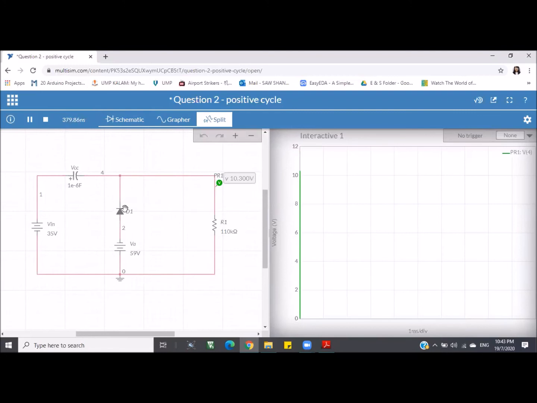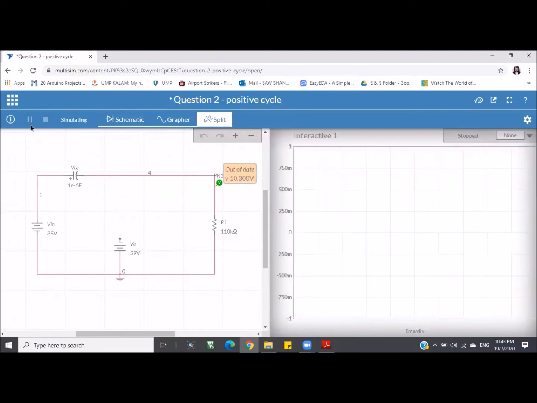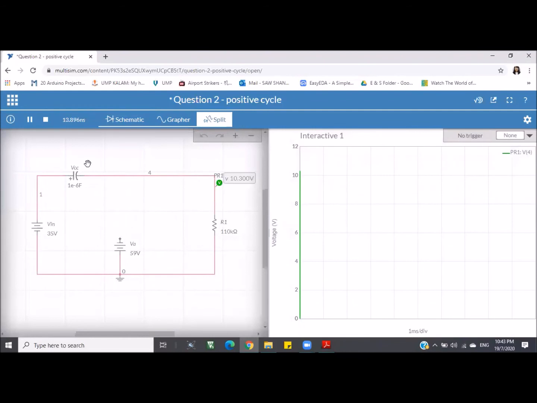But even if we draw here, it doesn't matter, we still get 10.3 volt because here will be a short circuit, so it won't run through here. So we try to delete this and we rerun again, and we get exactly the same 10.3 volt. So the current will flow here. For the simulation, it's exactly the same as the theory calculation.